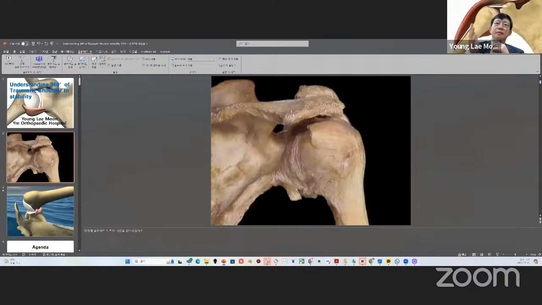But if the patient has spent more than 7 days, I perform an MR arthrogram to look for even a tiny amount of labral defect.